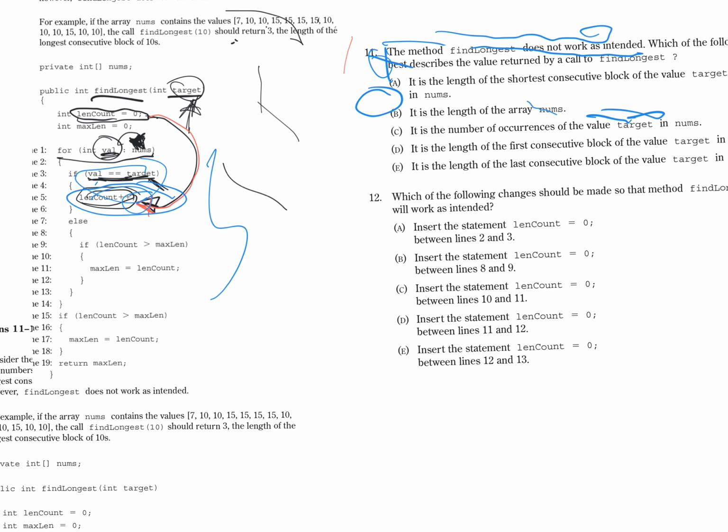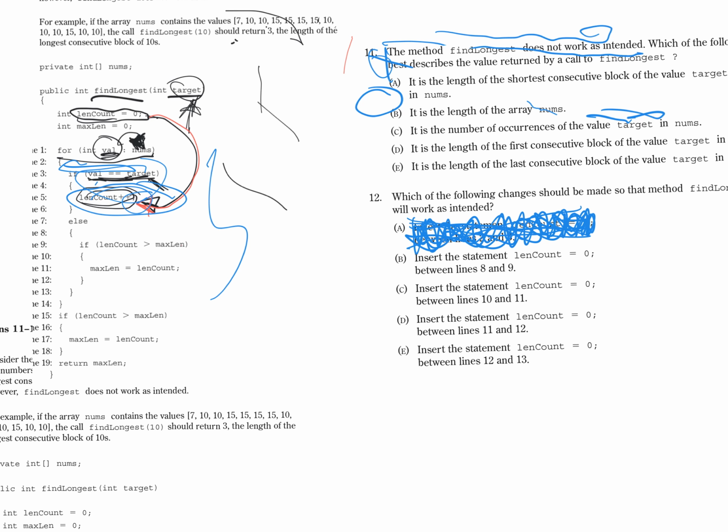If we take a look at A, insert length count equals 0 between lines 2 and 3, will that work? Between lines 2 and 3 would be over here, which is to say, reset it each time you look at a number. That's not going to work because it's not going to allow you to count consecutive values. You're always resetting the count to 0 each iteration, so the maximum number you can have is 1.